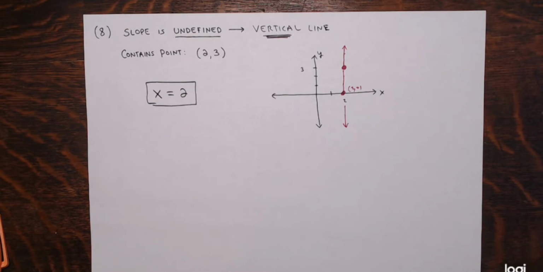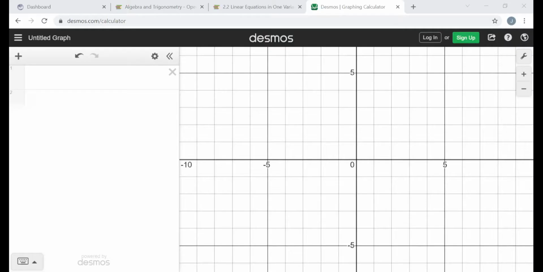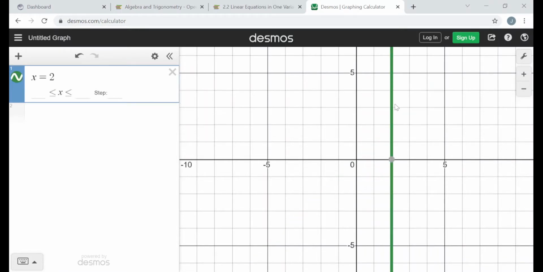But undefined slope was the key there. And once again, very quickly, just verify x equals 2. See, vertical line, this green line that just popped up. And it's got the point (2, 1), (2, whatever), right? Every single point on the line, no matter where I move this to, has an x coordinate of 2.